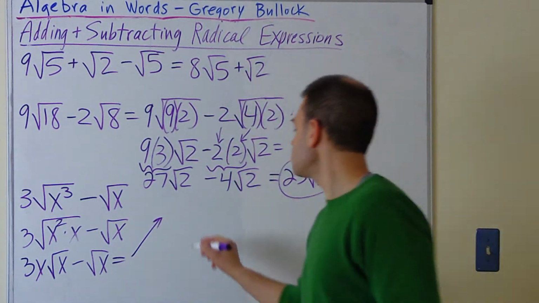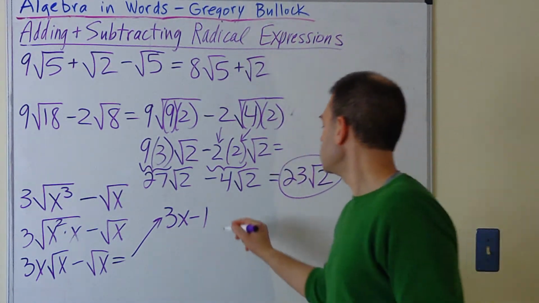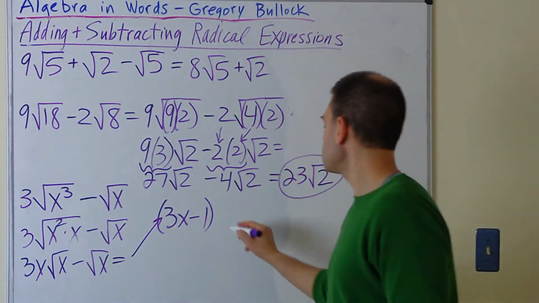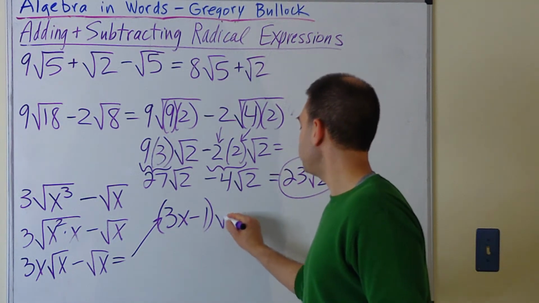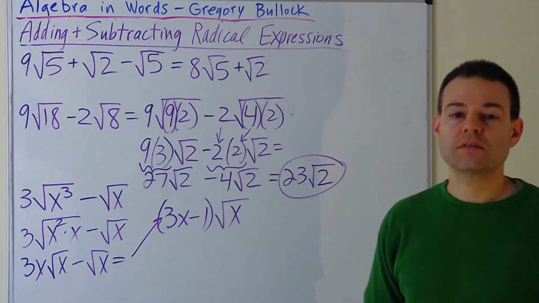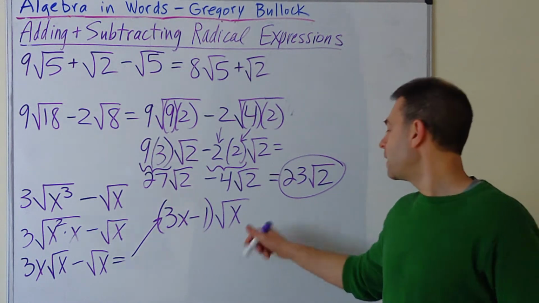So 3x minus 1, and I'm going to put that in parentheses because we're multiplying that by the remaining square root of x. And this is the answer. This is the final outcome.